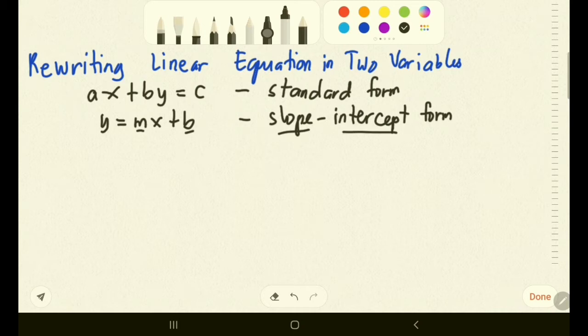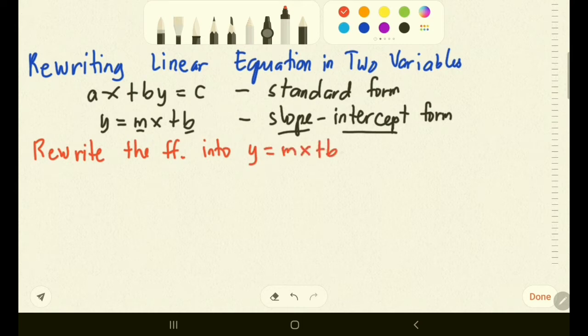Okay, now let's have an example. Rewrite the following into y equals mx plus b.